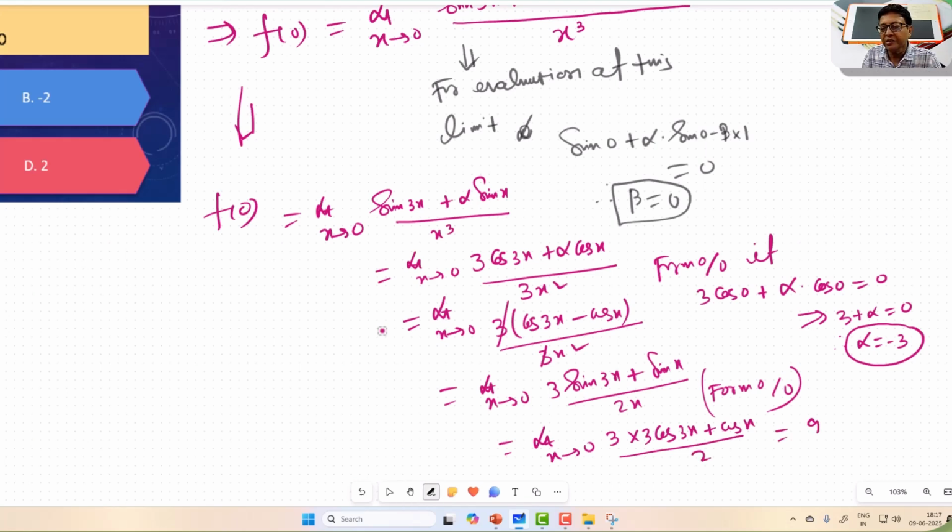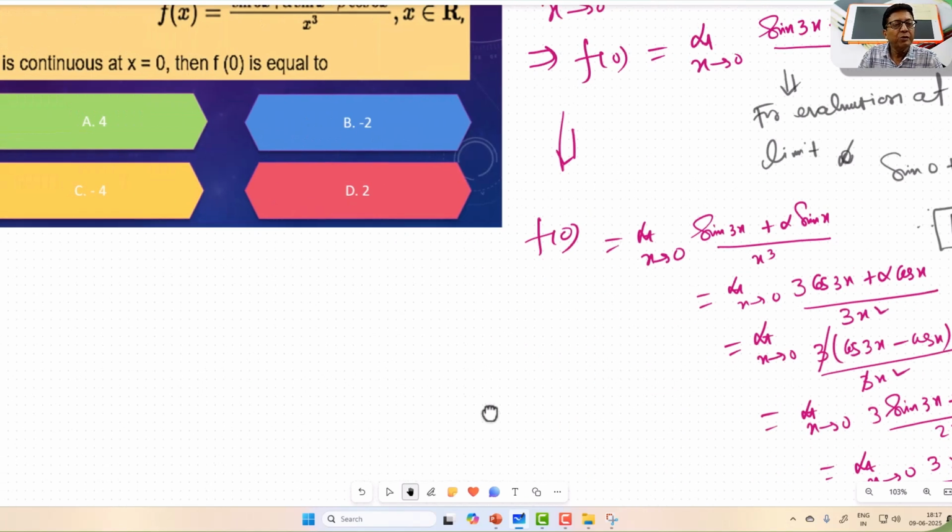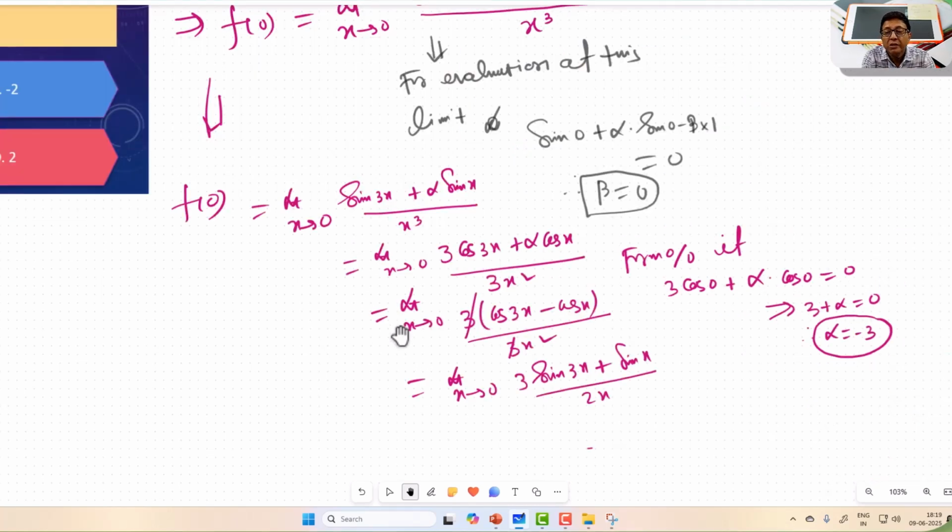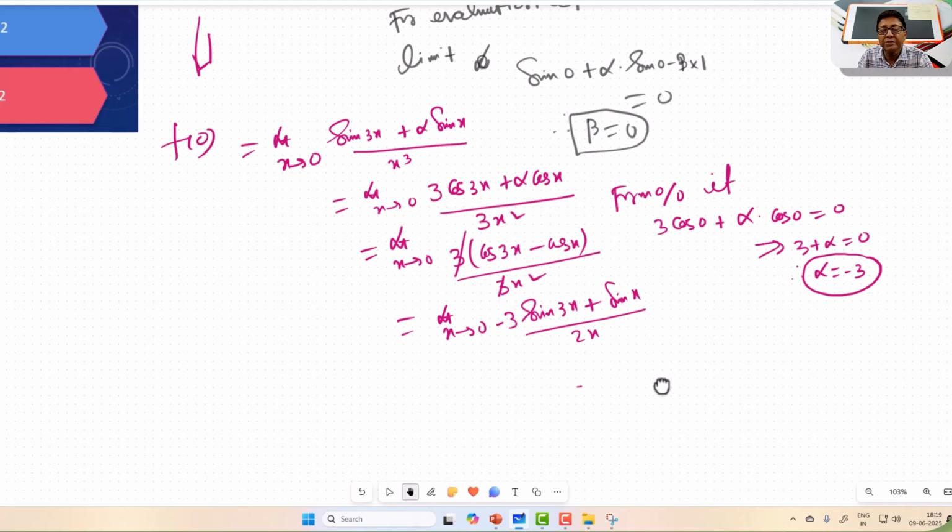So answer is 9 into 1 plus 1 by 2. The value is going to be equal to 5. Isn't it? Check once. So this will be minus 3 sin 3x plus sin x by 2x. Again the form is 0 by 0.